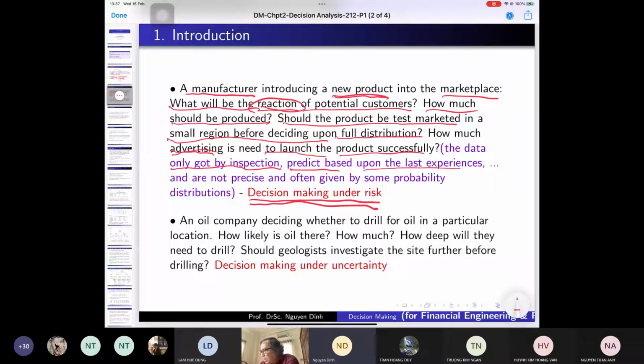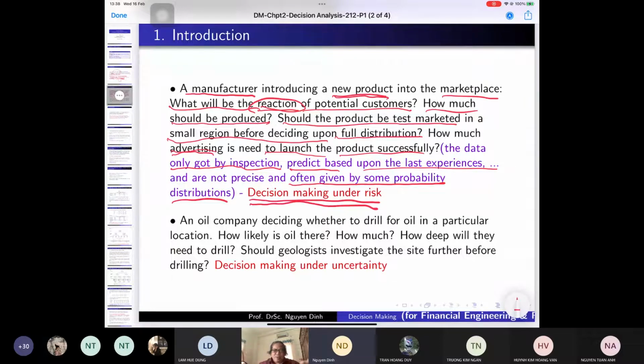The data is based on past experience, and the data you get is often given by some probability distribution. In the past, you will have made an inspection. Normally, when we introduce a new product, the welcome of the potential customer should be 60%, 70%, or something like this.